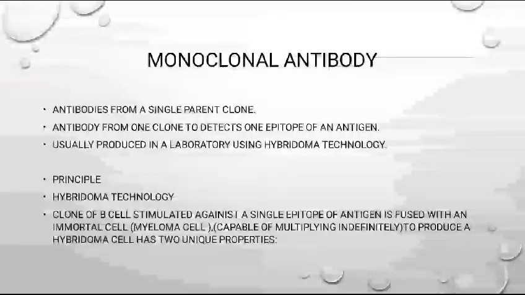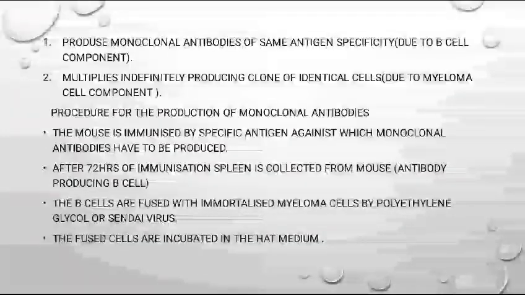Hybridoma technology is nothing but a clone of B cells stimulated against a single epitope of an antigen being fused with immortal cells, the myeloma cells, which are capable of multiplying indefinitely, to produce a hybridoma cell.